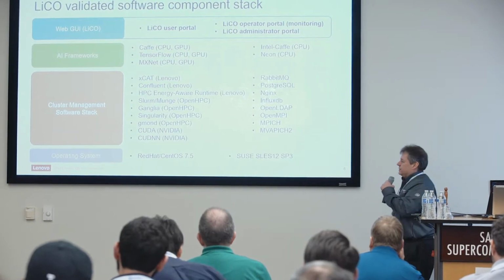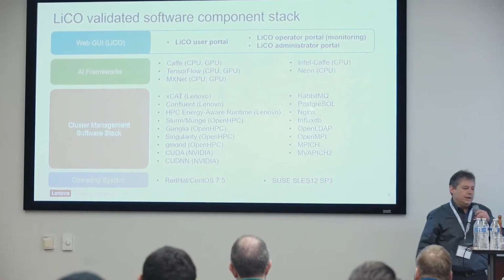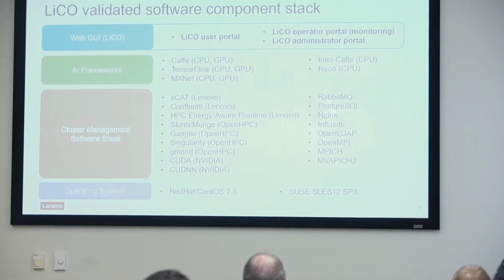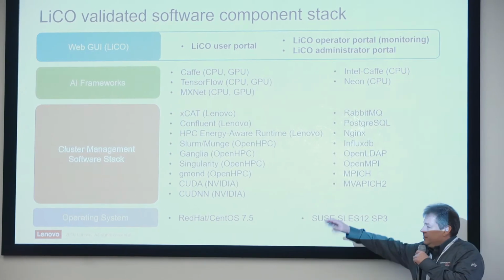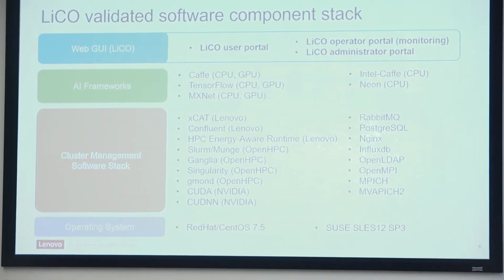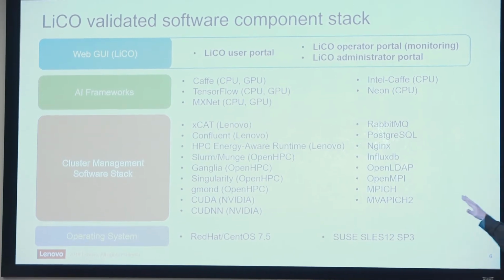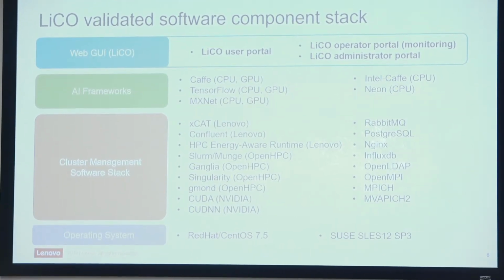So here's the basic stack. A lot of these will look familiar: Slurm, Ganglia, Singularity. The CUDA libraries, particularly for AI, where most of these folks are trying to train on GPUs. And then we extend that with the AI frameworks, again, through Singularity containers.